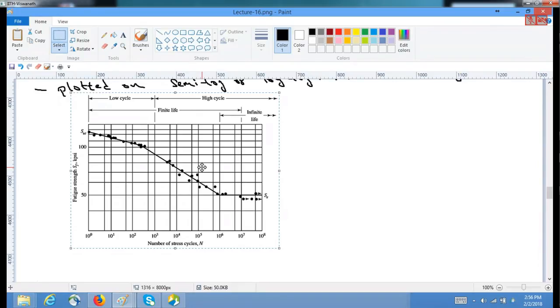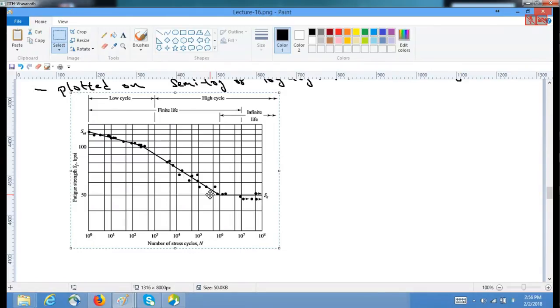If you are designing for a finite life, it lies in this region. But if you are designing for infinite life, that is synonymous with having 10 power 6 cycles.